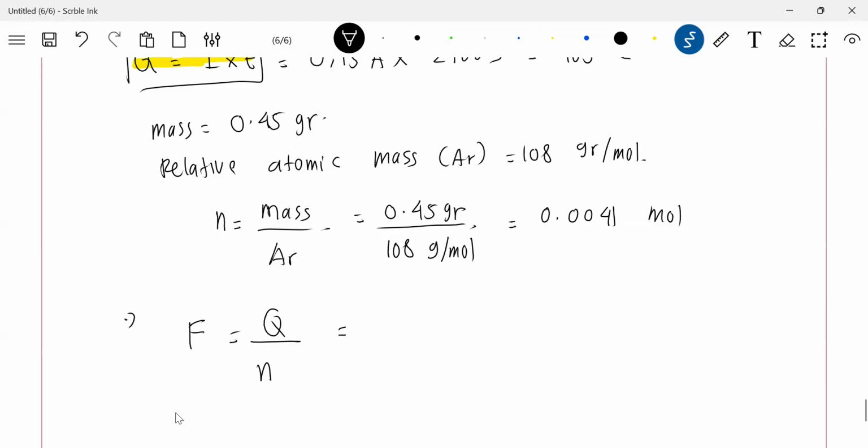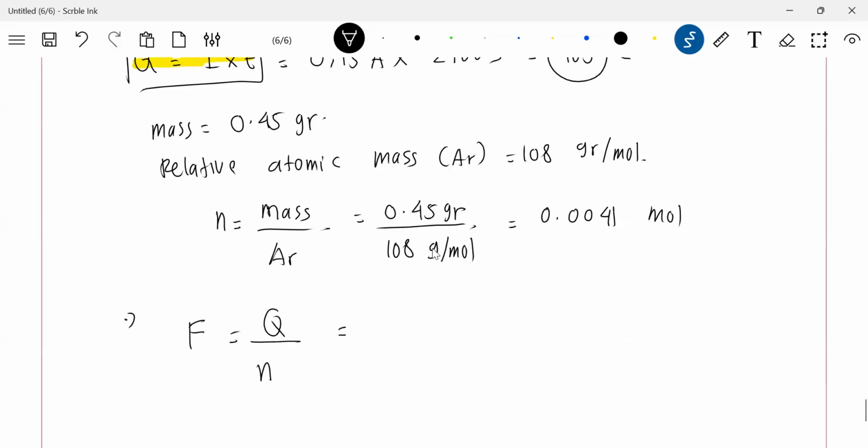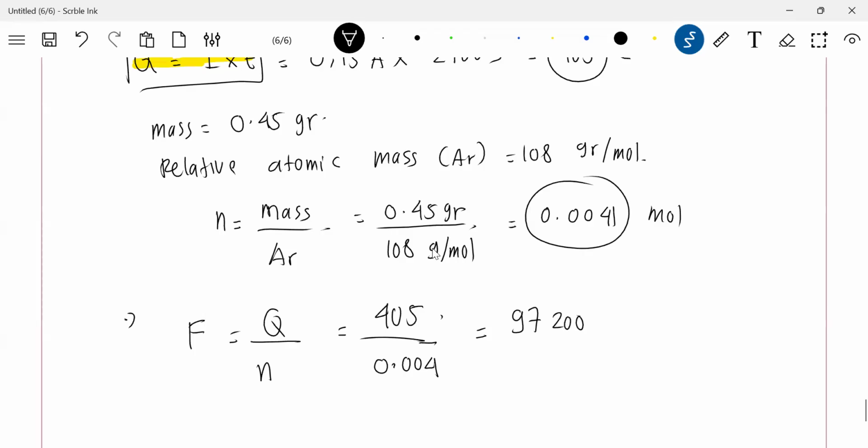Because we know the charge is 405, we input 405 divided by 0.004. So the answer is 97,200 coulomb per mole. That's it.